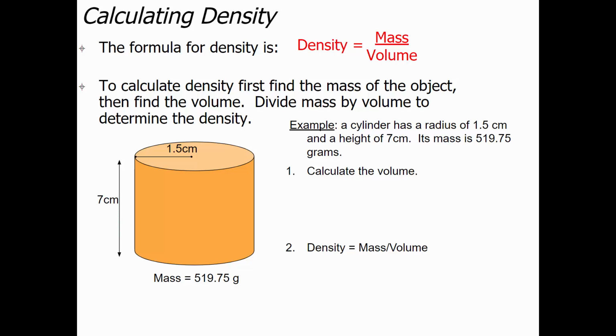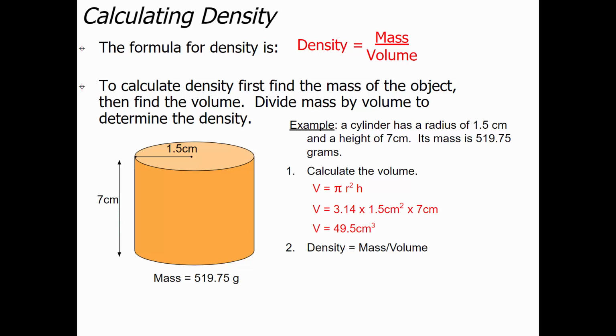So here we have two steps we have to follow. First, we need to figure out the volume of this cylinder. As we learned, to find the volume of a regular shaped object, we use a formula. We measure the dimensions, and then we use the formula. So the formula, the volume of the cylinder, is pi r squared times height.